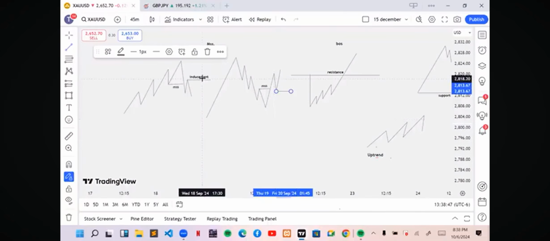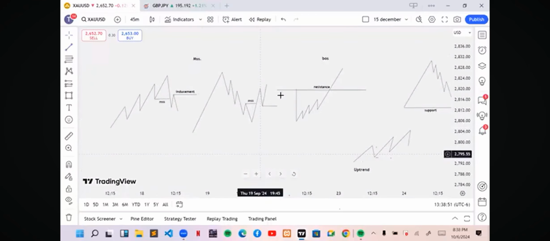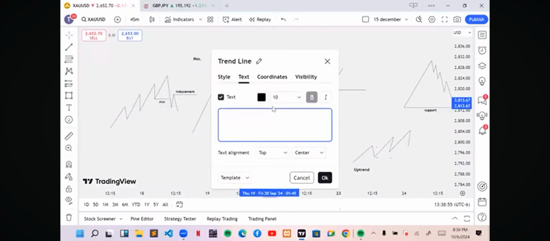So this is the inducement, the first pullback that the market makes after a market structure shift or a break of structure. This is the market structure shift for this side, and this is the inducement here, and this is the inducement right here.